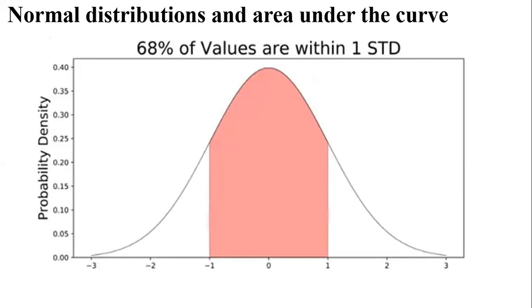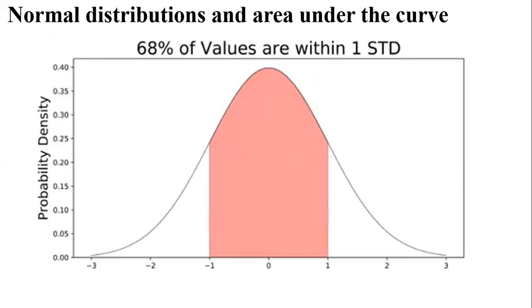We have 0 in the center. That's where the symmetry of the curve is: when you fold it at this 0, the left has the mirror image of the right.